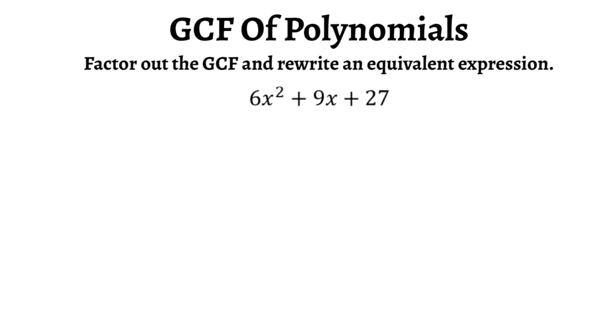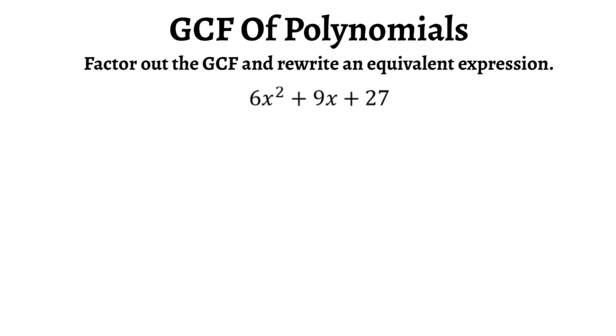Or what number can I divide into every single one of these terms that is the highest? 1 goes into all of the numbers. 2 does not. 2 goes in here, but not into 9 and 27. 3 goes into 6. 3 goes into 9, and 3 also goes into 27. 6 goes into here, but not into here or here. So I'm looking at the highest number, and the highest number will be 3.